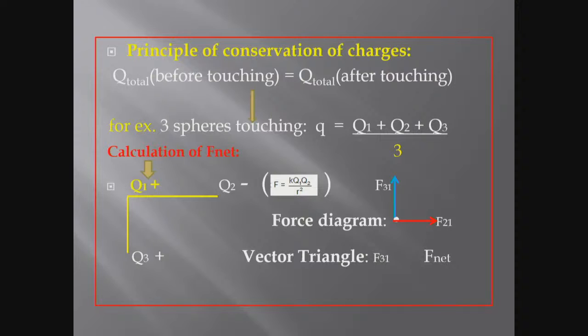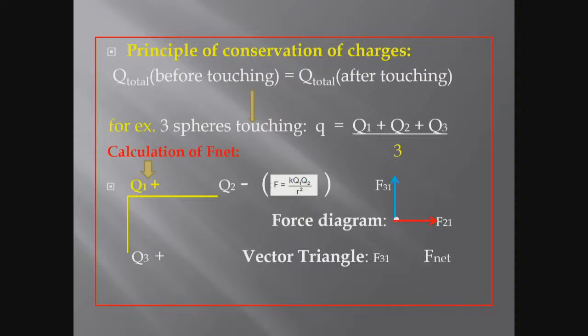So Q2 will exert a force to the right on Q1. So therefore, in my force diagram, I indicate that the force of 2 on 1 is to the right. And then Q1 is positive, Q3 is positive, so Q3 will exert a force on Q1 in an upward direction. Therefore, in my force diagram, F3 on 1 is in a vertical position. So here now is my force diagram.